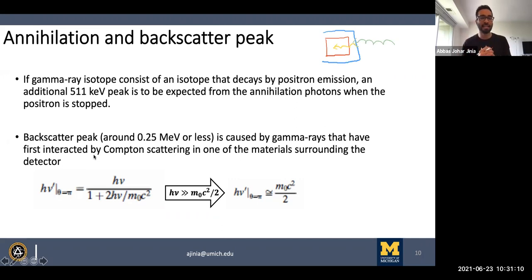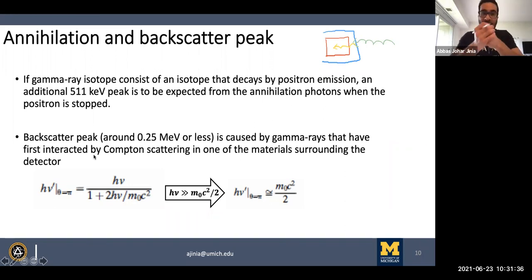So most likely, the majority of the time, the scattered photon will undergo Compton scatter. And as we said, in Compton scatter, the recoil electron can have any energy, and that will affect the resolution of your backscatter peak. Therefore, it will have a worse resolution than the photopeak.